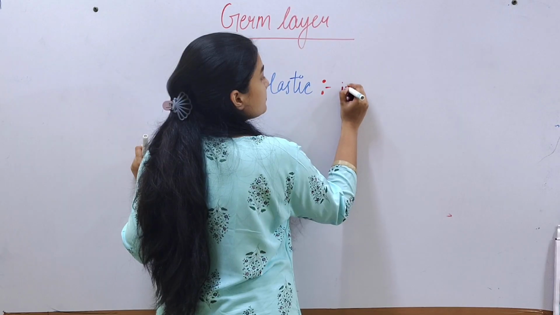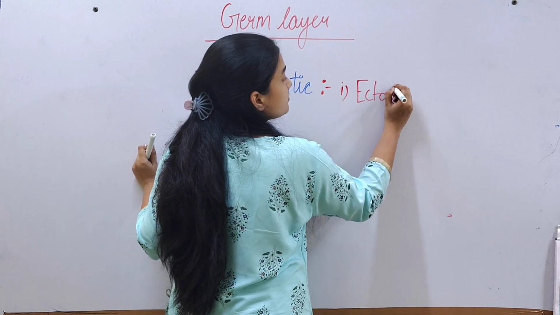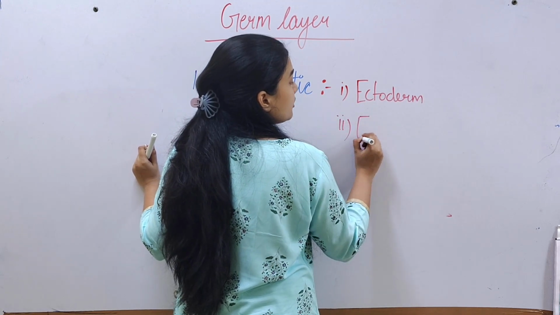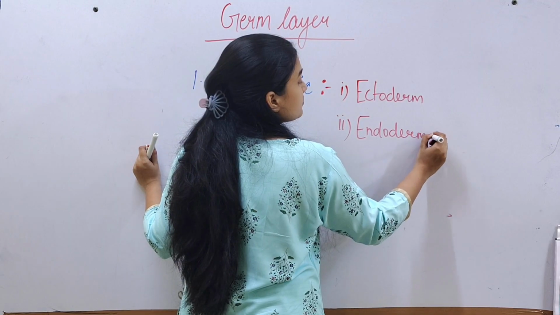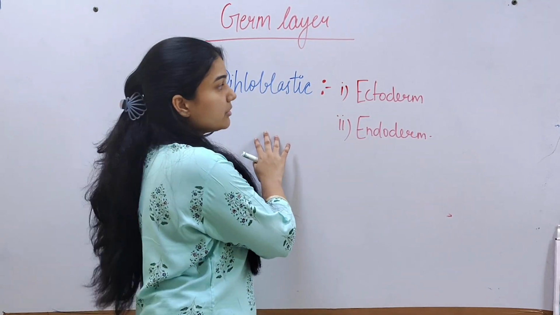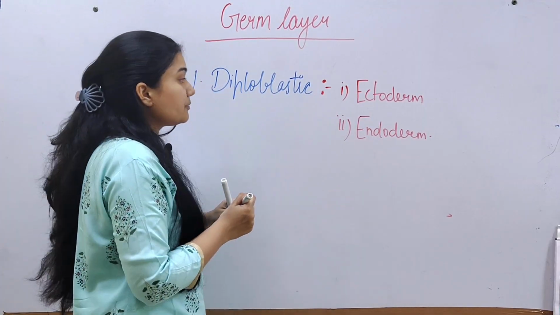First is ectoderm and second is endoderm. These are the two layers which are found in the diploblastic animal. First is the ectoderm layer and the second one is the endoderm layer.